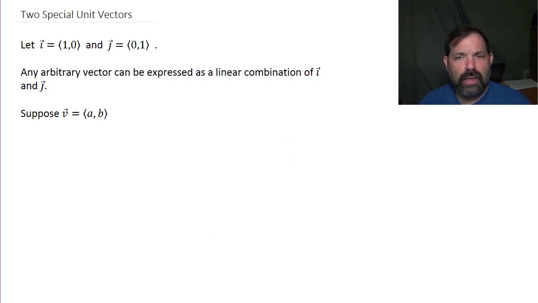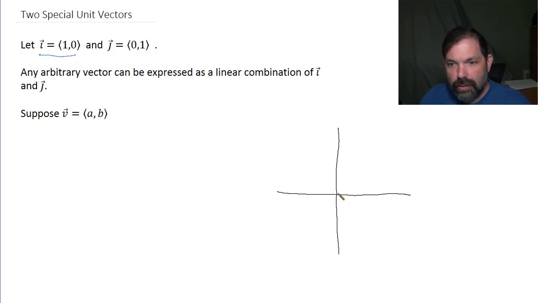If we were to think of those graphically, if we were to draw our axes, the i vector, 1, 0, is the vector that goes in the horizontal direction exactly 1 unit. And the j vector is the vector in the positive vertical direction and has magnitude 1 unit.